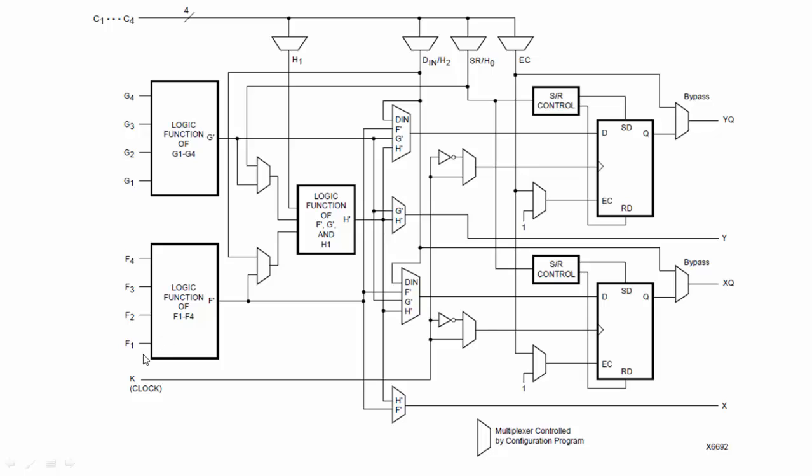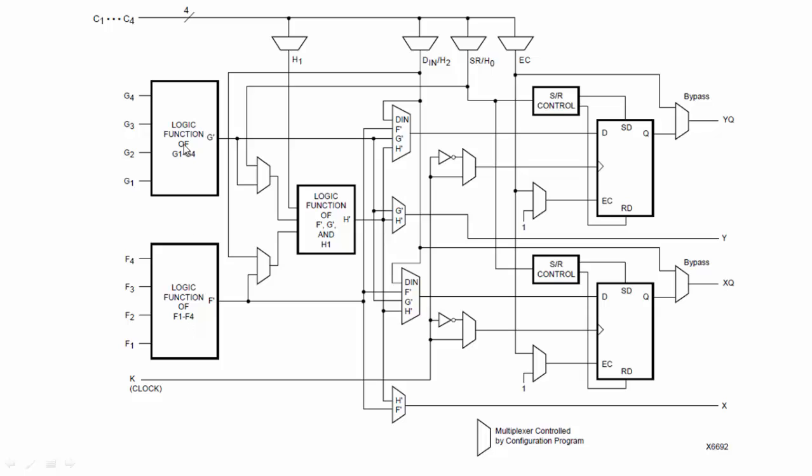Even if you want these four inputs to come inside the function generator, and the function generator should perform the addition on them and give me the output, that is, it should work as a full adder, a full subtractor, or anything like that, the function generator is capable of doing that.